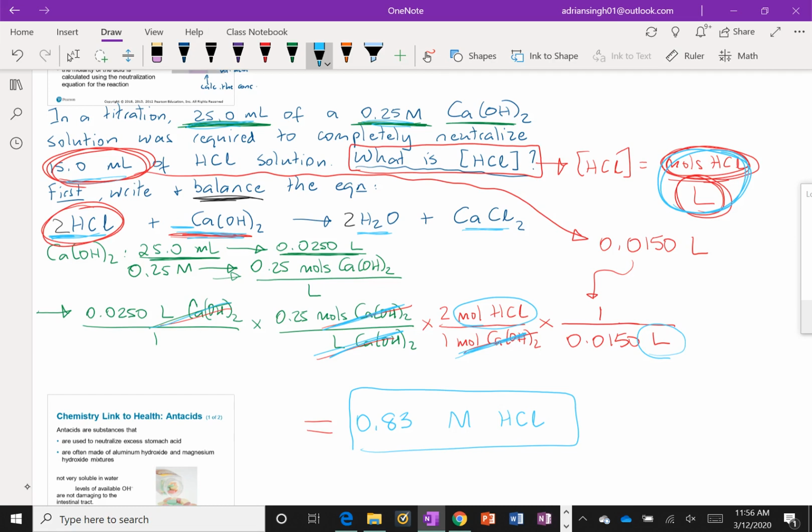And then we used what we learned from chapter 9 in terms of our solutions, how we can use the volume and the concentration to get to the number of moles. Then we used the mole to mole ratio from the balanced equation to convert to moles of something else, and then we can calculate the concentration of that new thing by simply dividing by the volume in liters.